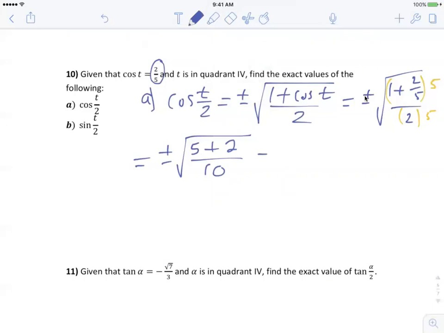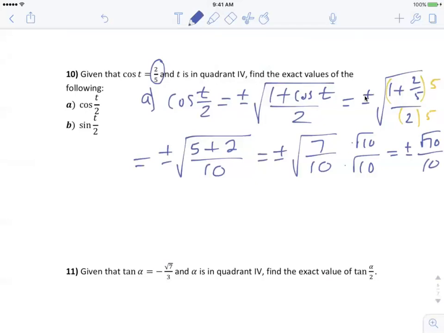Okay. So this is plus or minus square root of 7/10. Rationalize, multiply top and bottom by square root of 10. And we got a final answer here. Plus or minus square root of 70 all over 10. 7 times 10, 70. They're both on the square root, so you just got to multiply them together.